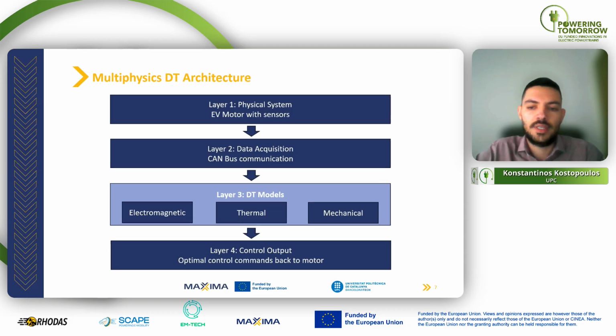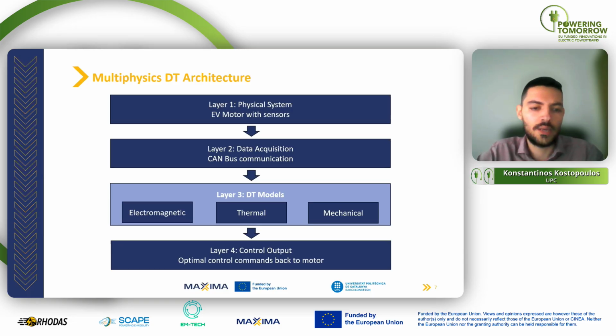And all this sensor data from the first layer flows through a CAN bus and then goes to the third layer, the digital twin models layer, let's say. And this is where the three interconnected phenomena, the electromagnetic model, the thermal model, and the mechanical model, are implemented.